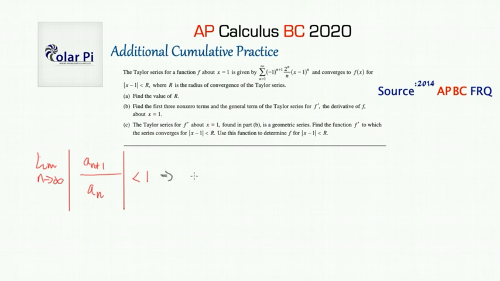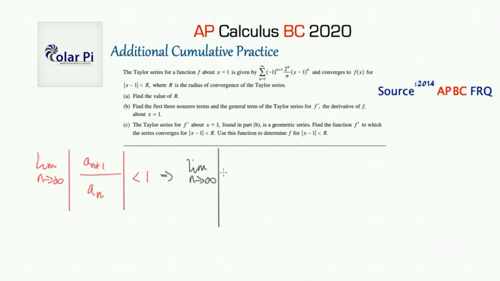In practice, what you're doing is the limit as n goes to infinity, and then a sub n plus 1, which means changing all of the n's to n plus 1. Those are all the n's I see. So first we have our absolute value, and this is going to look big.